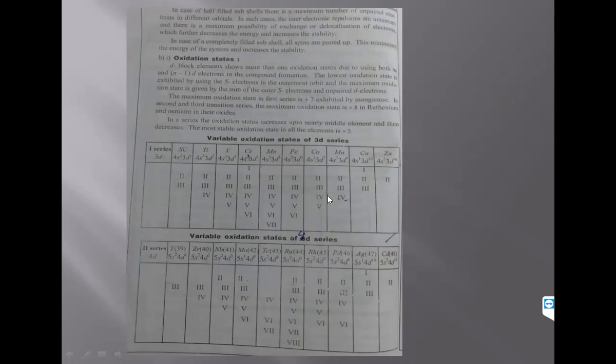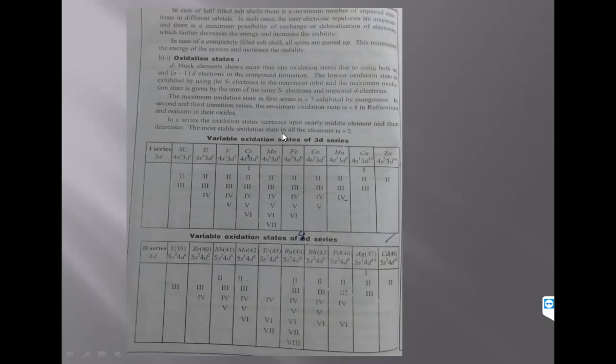Now from here to here, the oxidation state is gradually decreasing: +7, +6, +5, +4, +3, finally +2. So that is what I am telling: in a series, the oxidation state increases up to nearly the middle element and then decreases.